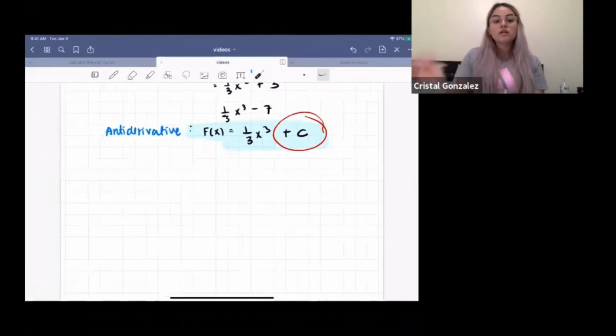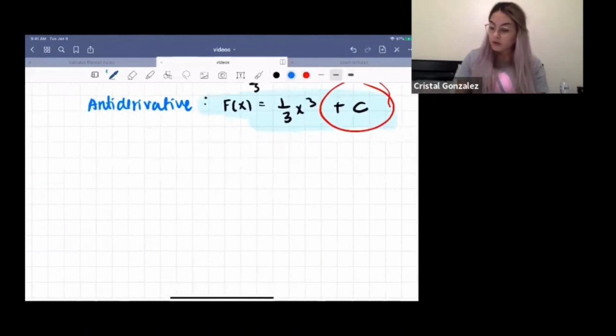Okay, so this brings us to a theorem, which is really just what I just said out loud over and over again.